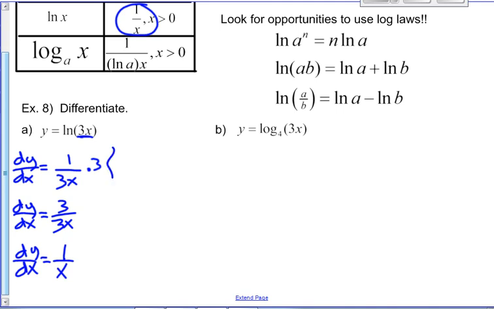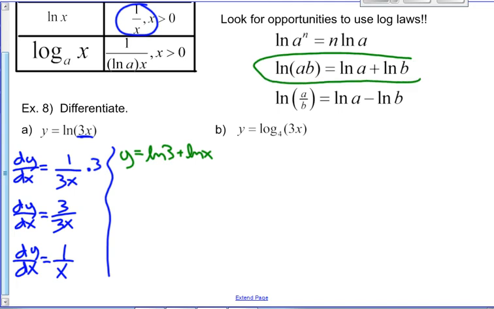Now let me show you another way that you could have taken a look at this. y equals ln of 3x could also be written this way. I'm not differentiating yet, but it could be ln 3 plus ln x. That is our addition or multiplication rule of logarithms. And if you do that, then the differentiation gets even easier.